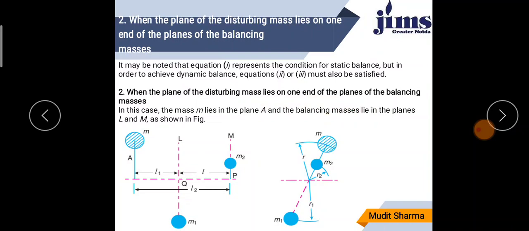You can see the distances as previous. What is small l1? Small l1 is the distance between the plane L and A. Small l is the distance between the plane L and M, and l2 is between A and M also. You can see the same thing in this space diagram.